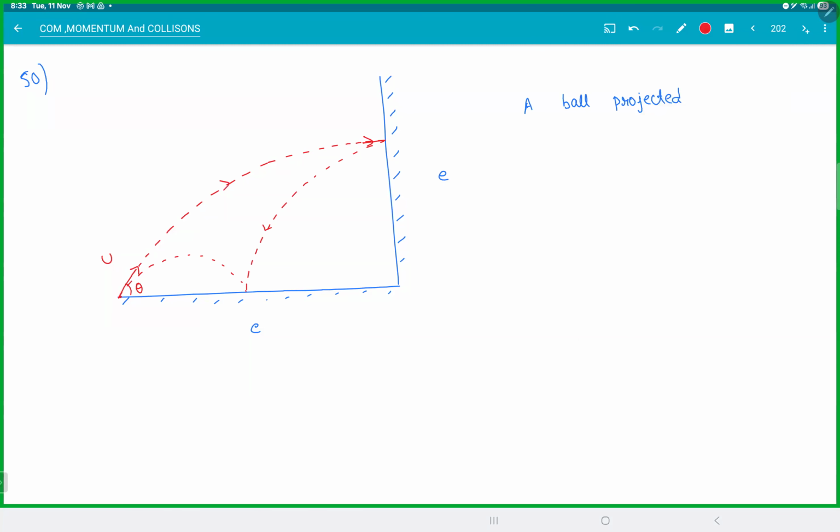So a ball is projected with speed u at angle theta. It collides with the wall perpendicularly. Basically, that will be your H max.